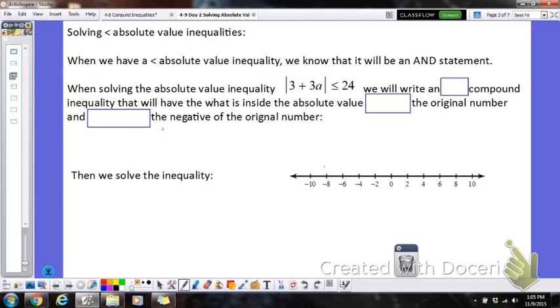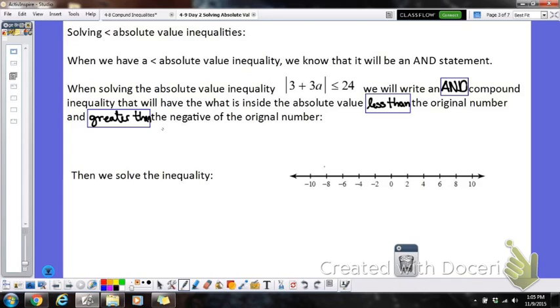So when solving the absolute value inequality, the absolute value of 3 plus 3a is less than or equal to 24, we will write an AND compound inequality that will have what is inside the absolute value less than the original number and greater than the negative of the original number. Now let's talk about what that means.